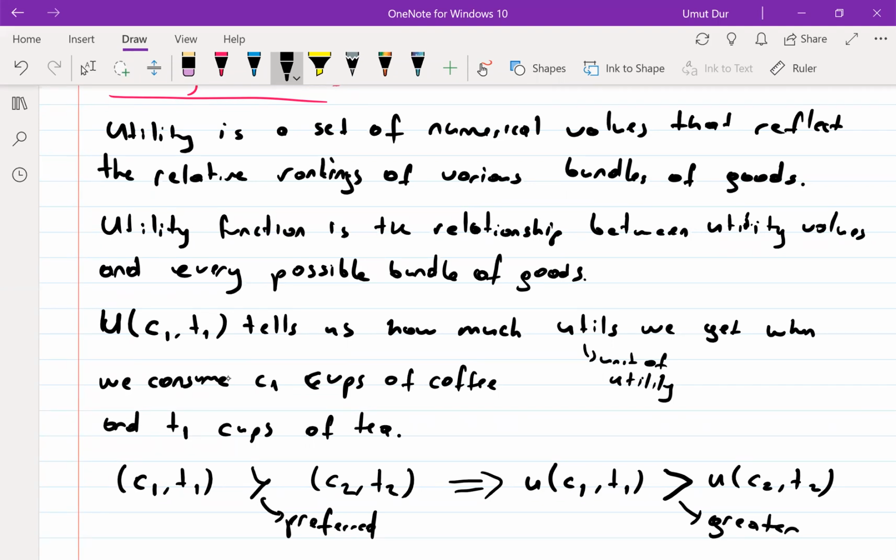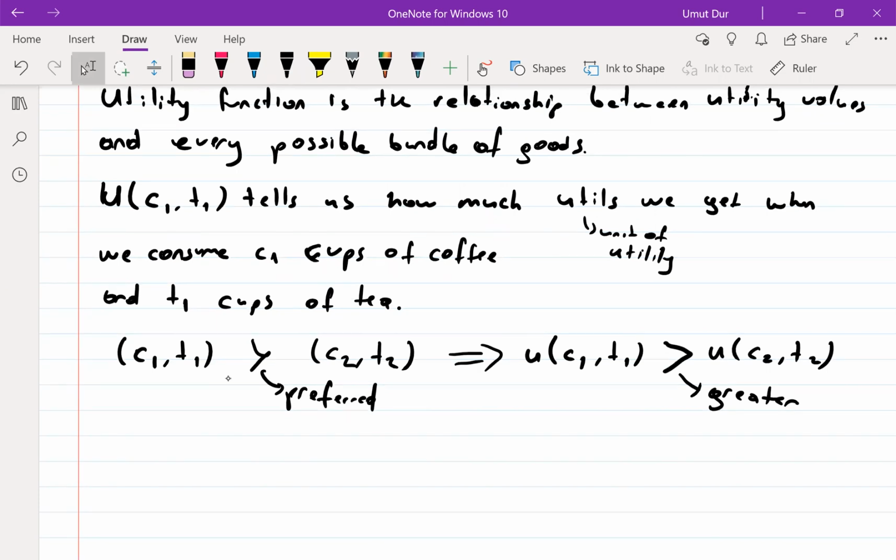Any question? This is a little bit abstract. I'm just using some functions to represent my taste. If a function is able to represent my taste, then whenever I compare two bundles and prefer the first one, the function needs to give me a higher utility.